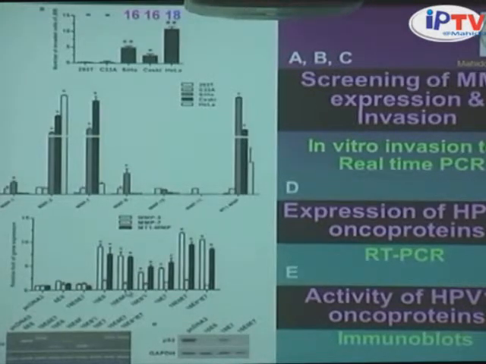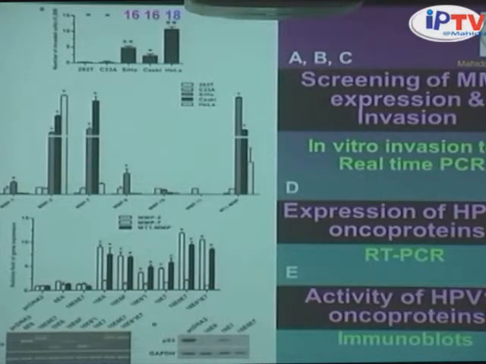So this just tells us that only MMP2 and MT1 are correlated well with the HPV oncoproteins, whereas oncoproteins from other HPV types did not do this job. So this is quite specific for type 16.